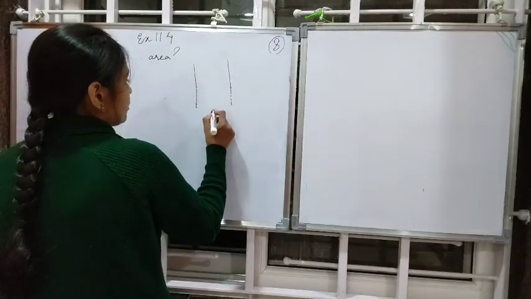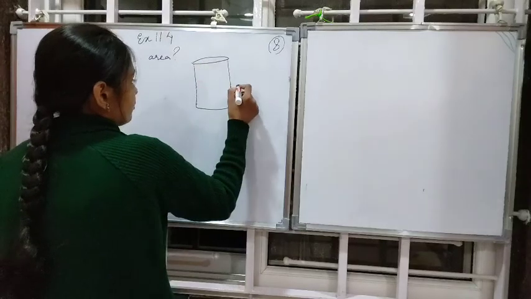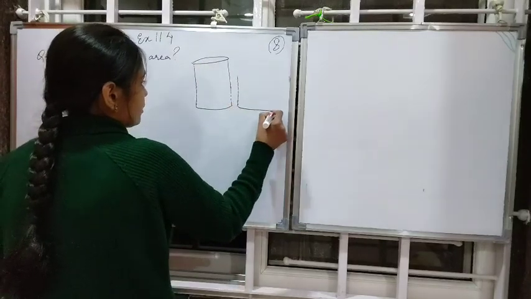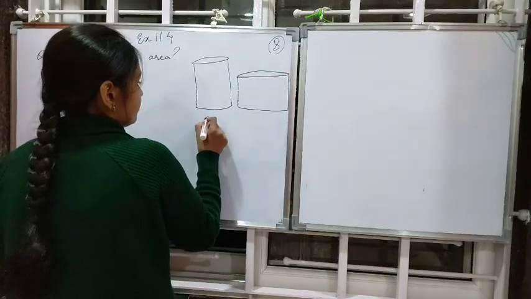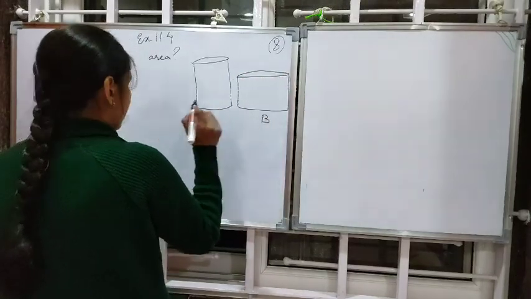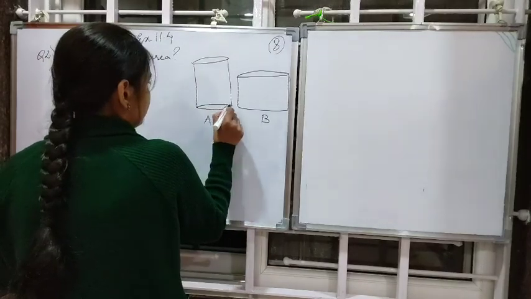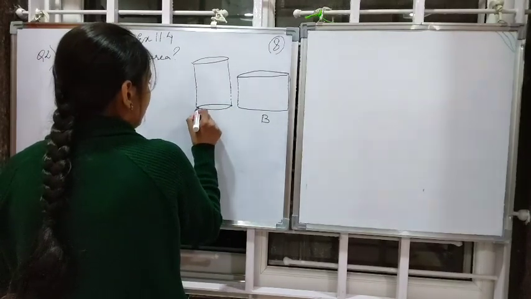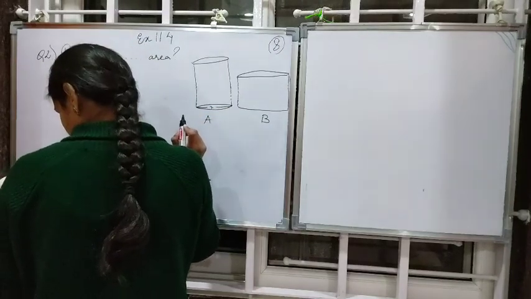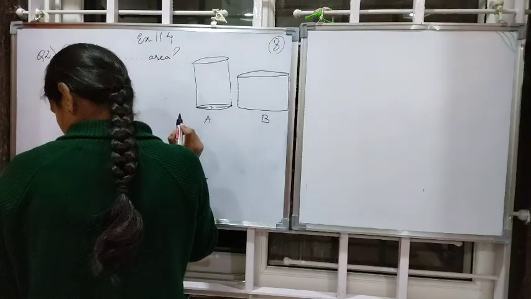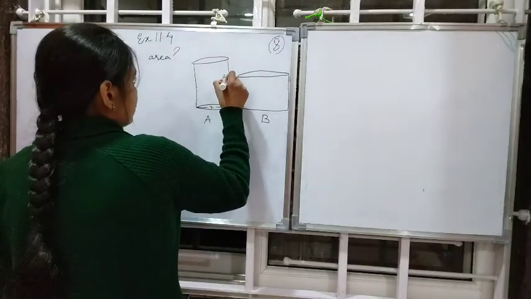This is cylinder A and this is cylinder B. The diameter of cylinder A is 7 centimeters and the height is 14 centimeters.